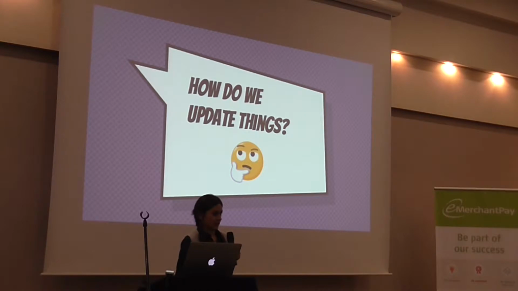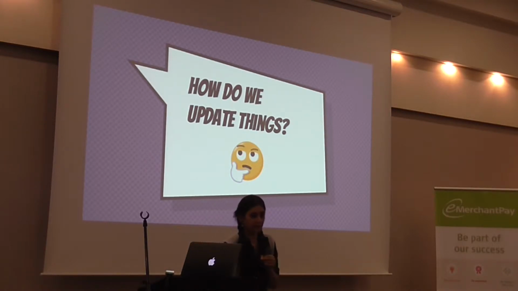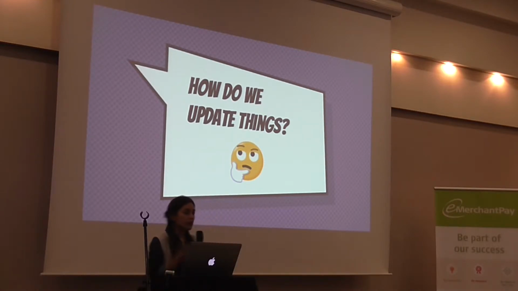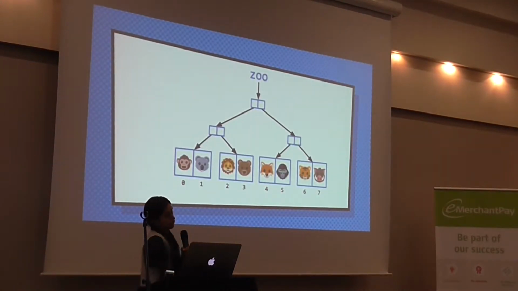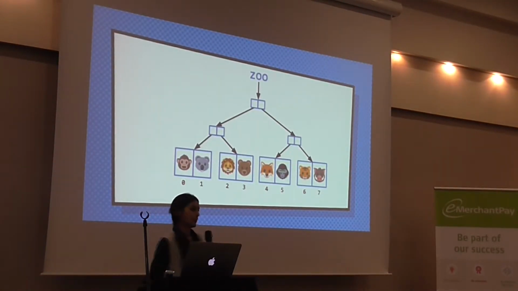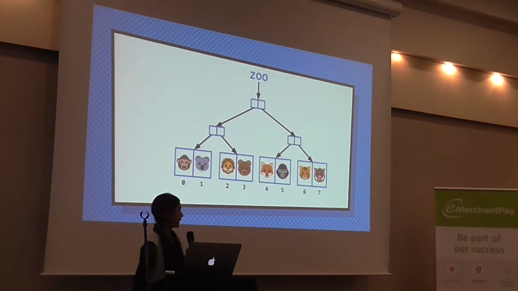How do we update things? In our old immutable array, we had to allocate an entire new array and copy over all of the values, including the one thing that we wanted to update. In our tree, in our persistent data structure, what we have to do is only copy the single leaf node that has the value that we want to update.